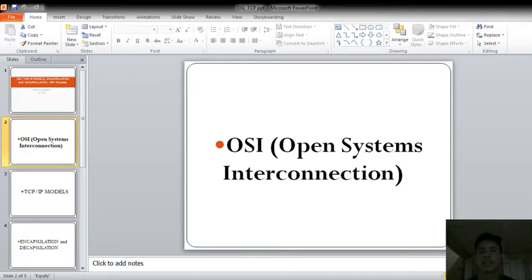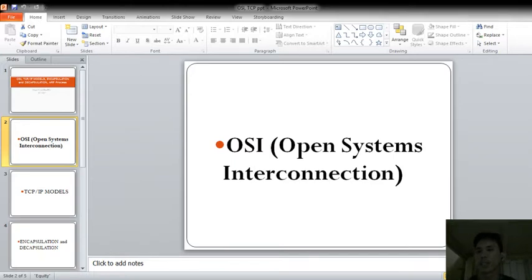So the OSI model provides a framework for creating and implementing network standards and devices, and describes how network applications on different computers can communicate through the network media.